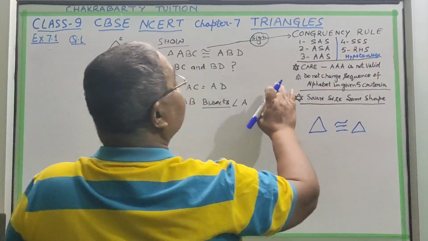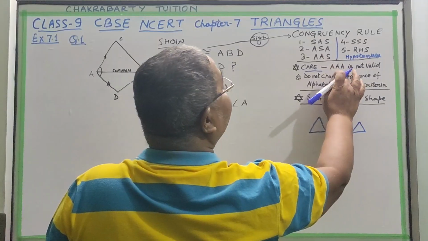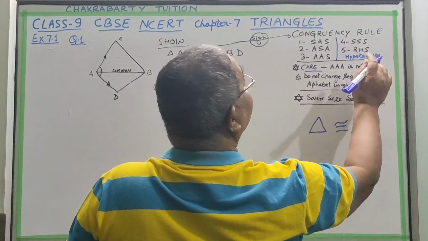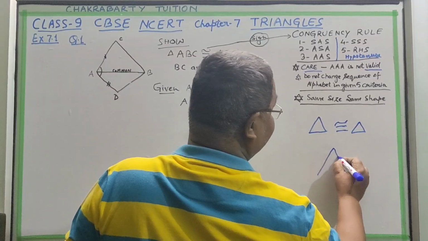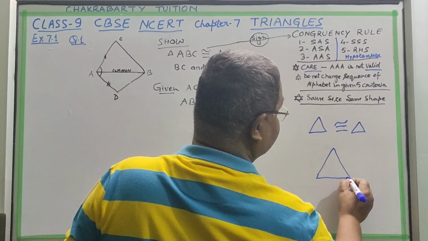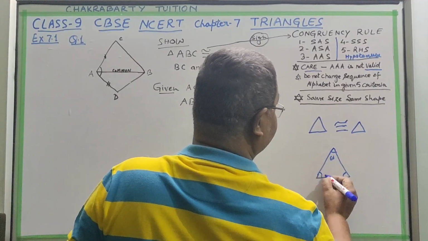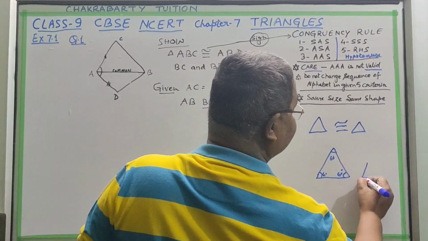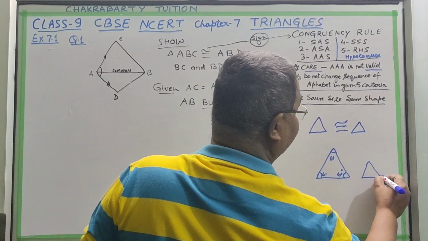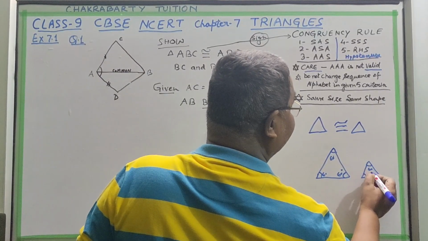So here you have to be very careful. Careful means angle alone is not valid. You see, side is valid, angle is not valid, because one triangle may be of this size, and here suppose all are 60 degree, an equilateral triangle, and one small size triangle is also there, it is also equilateral. So again here also all angles will be 60 degree.